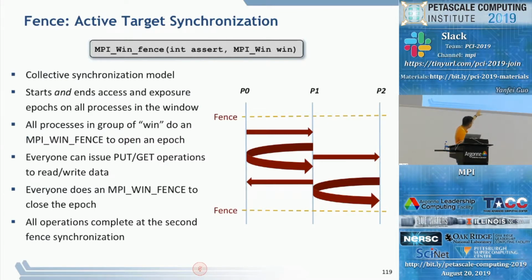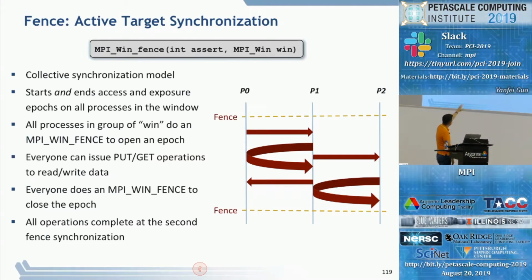After calling that, you can do all different puts and gets. In this case, between these three processes, there's a lot of put and get going on. And again, as long as your operations are regular puts and gets, and you're not operating on the same memory address, it's okay.